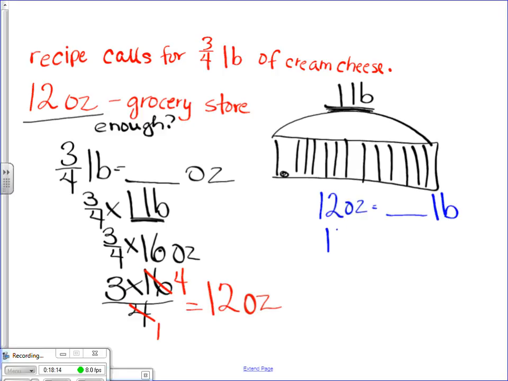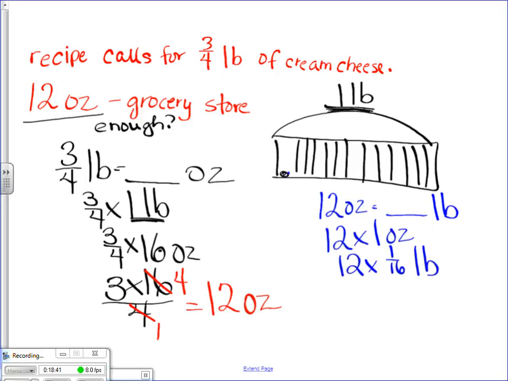So if you're doing 12 times 1 ounce, and I'm going from small to big, you divide. So when I'm going from small to big, and you're having to divide, what goes here? It's 1/16, because I'm dividing.